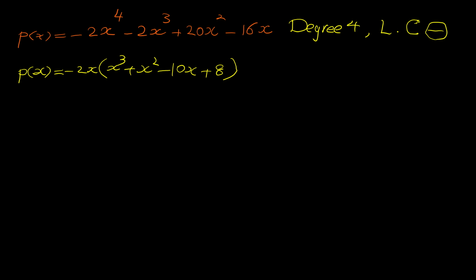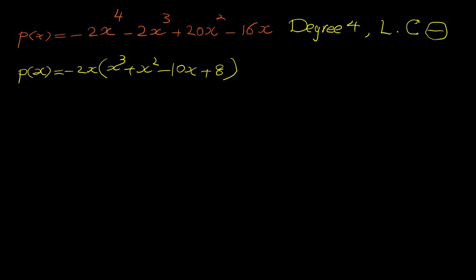So we factored a negative 2x. Then we have x to the 3 plus x to the 2 minus 10x plus 8. Now, for this remaining cubic factor, we have to use the factor theorem and the integral zero theorem or rational zero theorem to find the other factors for this cubic polynomial.